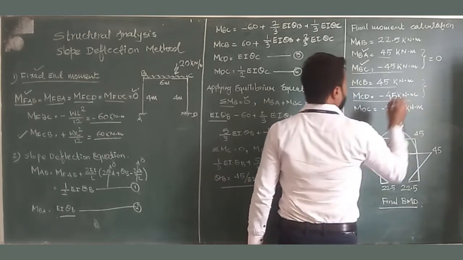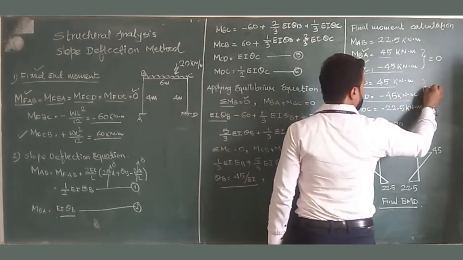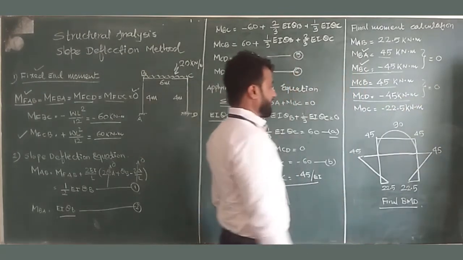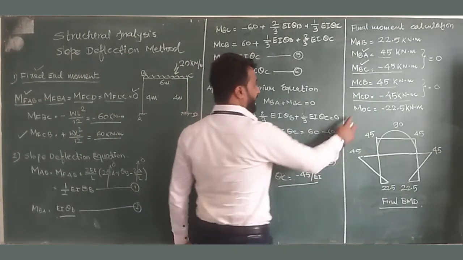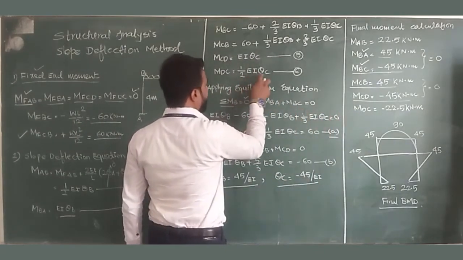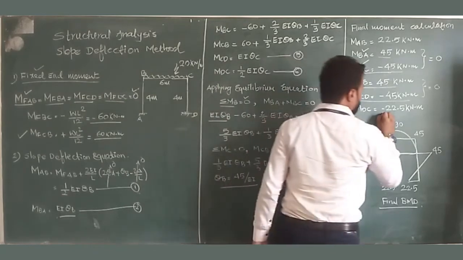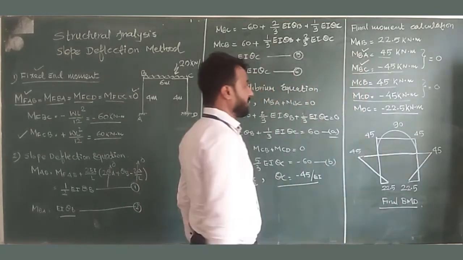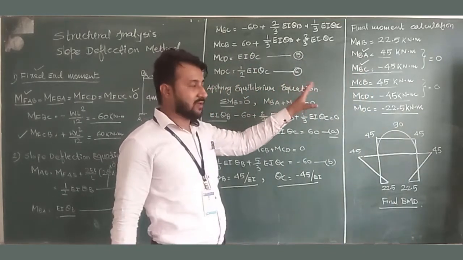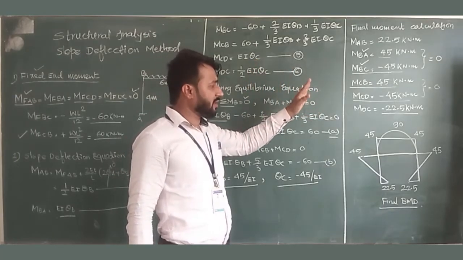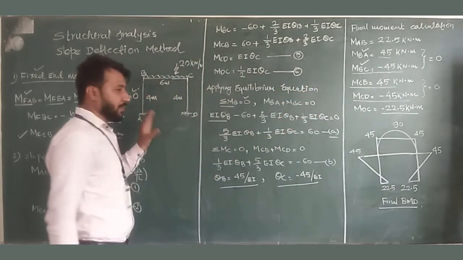And if you sum the moment at joint C, we are getting the value as 0. Now the last one, that is moment DC, we will put half of EI times minus 45, so we will get minus 22.5 kilonewton meter moment. So this is what we have calculated, the final moments in case of this non-sway portal frame.